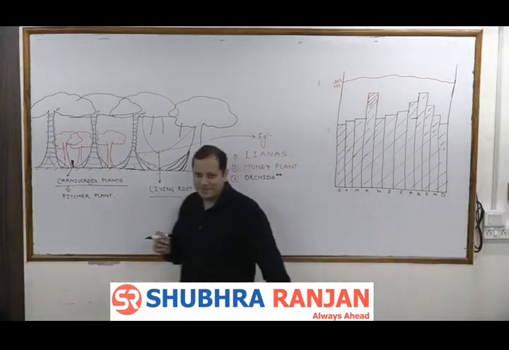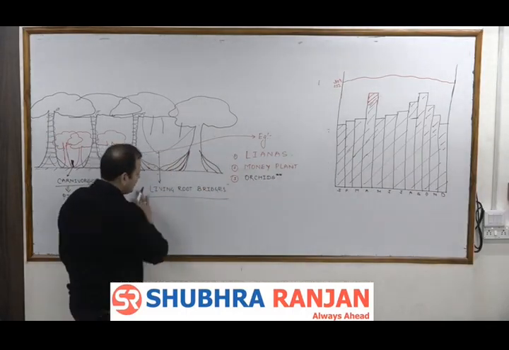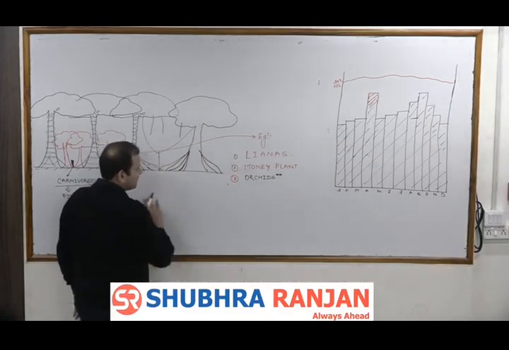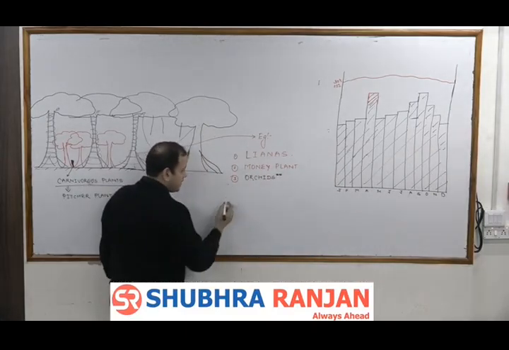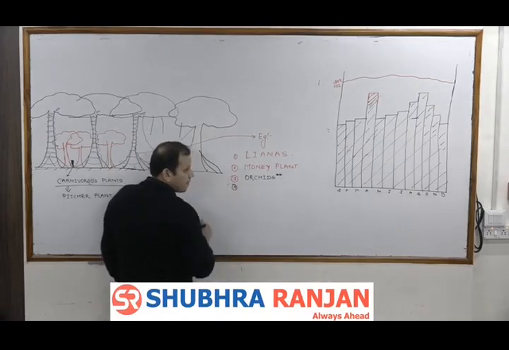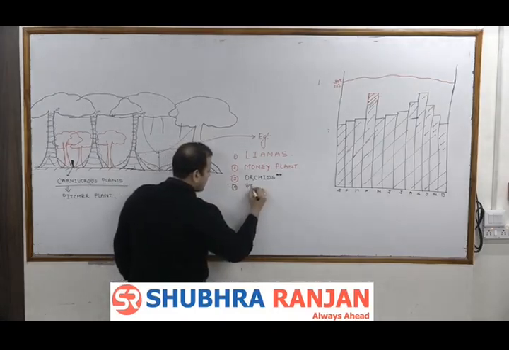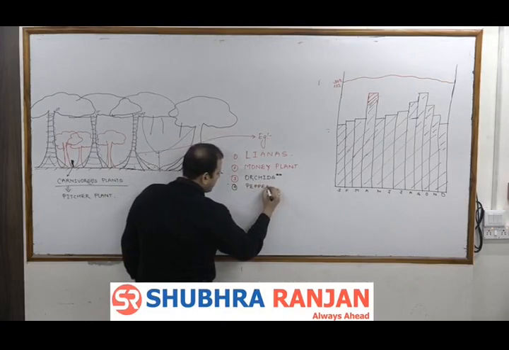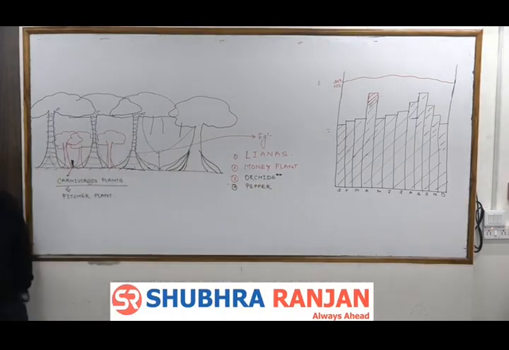It's a kind of flower. Orchids are an example of climbers. Fourth, pepper.